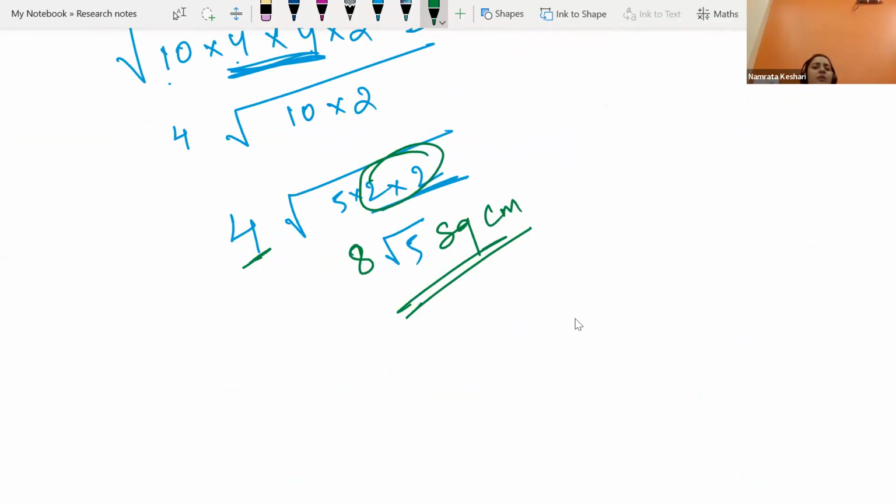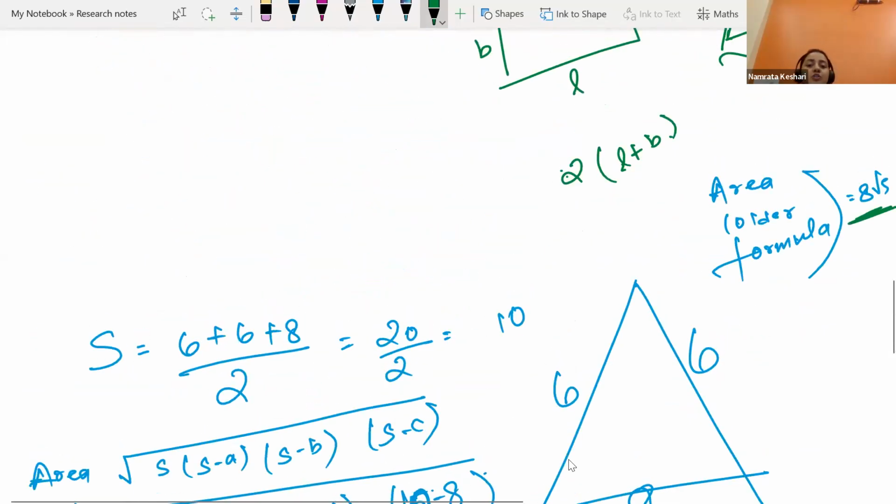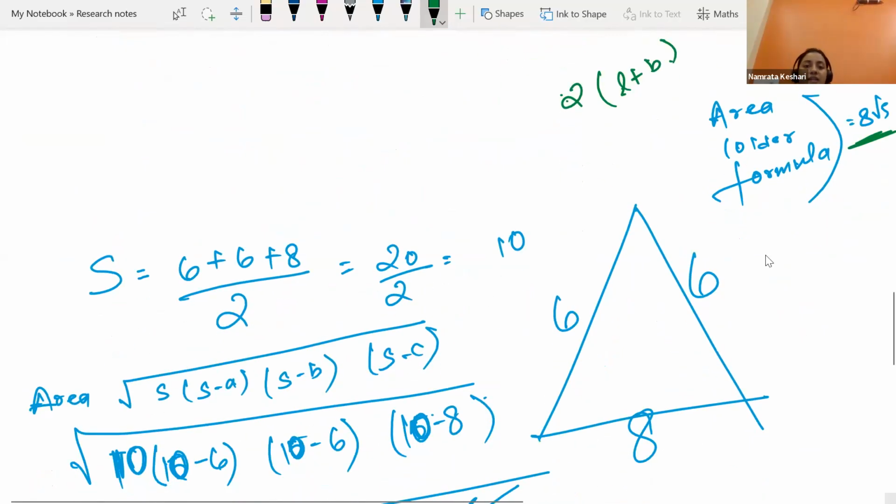So when will we use the older one and when the new one? Please use the new formula, Heron's formula, when you know all the sides, side 1, side 2, side 3. Then directly you can use this formula for finding the area. You don't have to worry about the height, or think about congruency and all; that was just the backup.